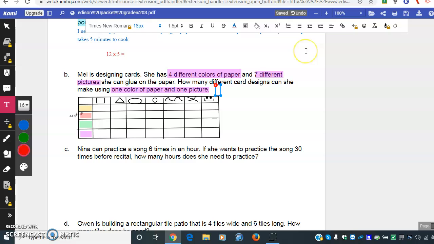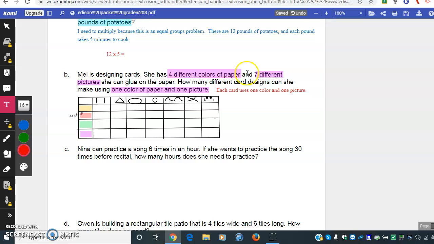Basically, what this is telling us is that each card uses 1 color and 1 picture. That's my hidden each, everybody. Each card uses 1 color and 1 picture. So yes, the story never said each, it said and, but this is not going to be an adding story because there was a hidden each in here.